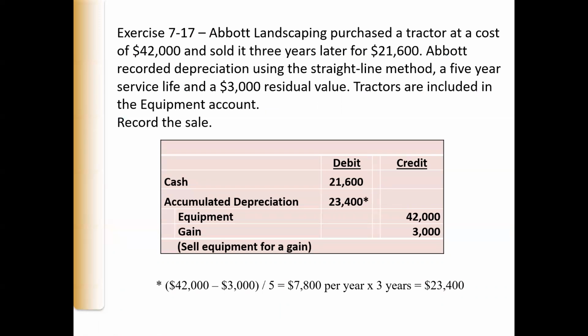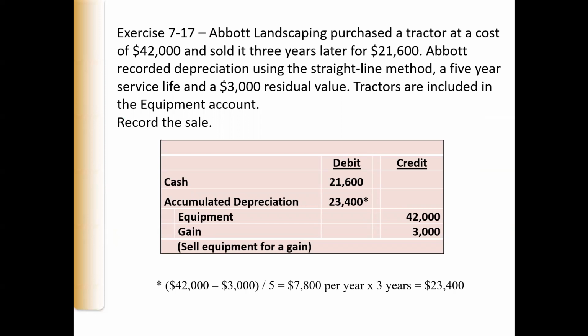Here, Abbott Landscaping purchased a tractor at a cost of $42,000 and sold it 3 years later for $21,600. Abbott recorded depreciation using the straight line method, a 5-year service life, and a $3,000 residual value.